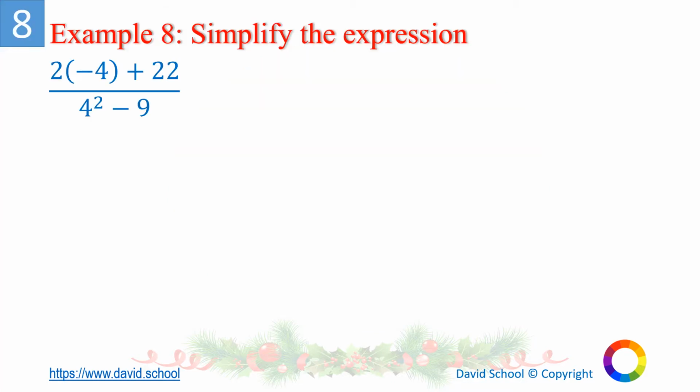Example 8. 2 times negative 4 plus 22, divided by 4 squared minus 9. The fraction bar acts as a grouping symbol. We simplify the numerator and denominator separately before dividing.